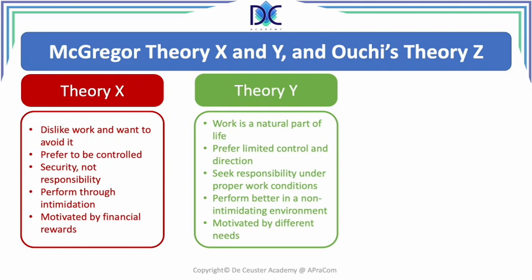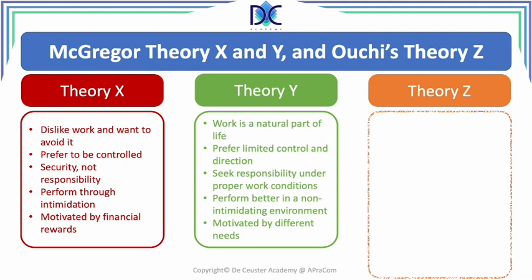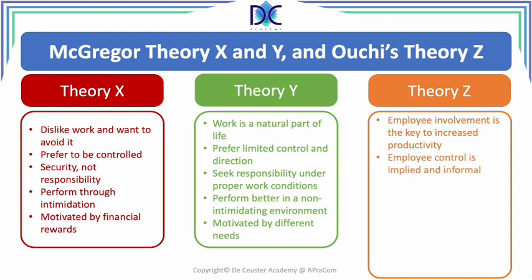The theory Z is a little bit different. Here we look at the elements. First of all, employee involvement is the key to increased productivity. You see, it's a different approach from the X and Y theory. Employee control is implied and informal. So there is no formal control, but there is control in a certain way.